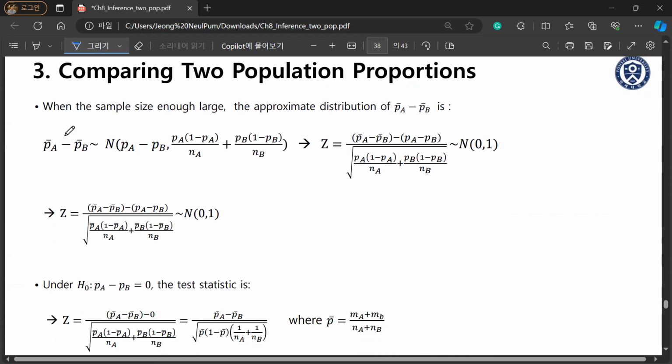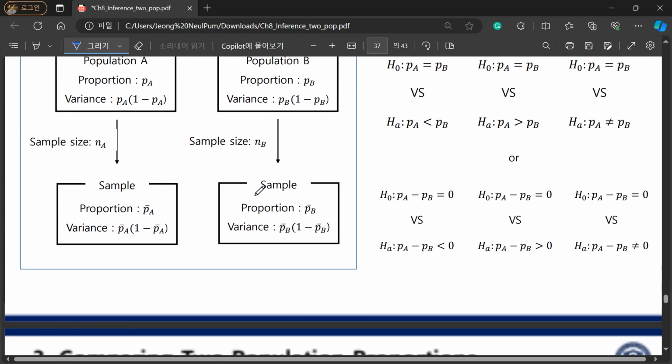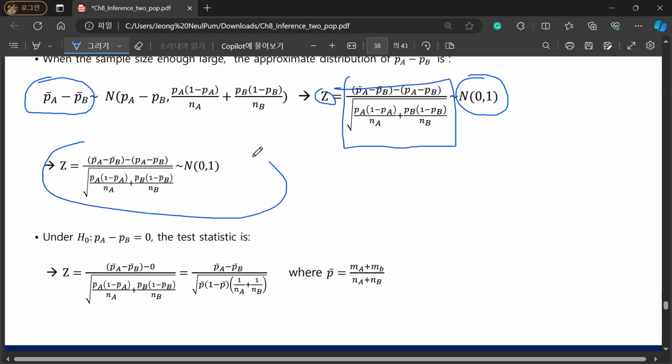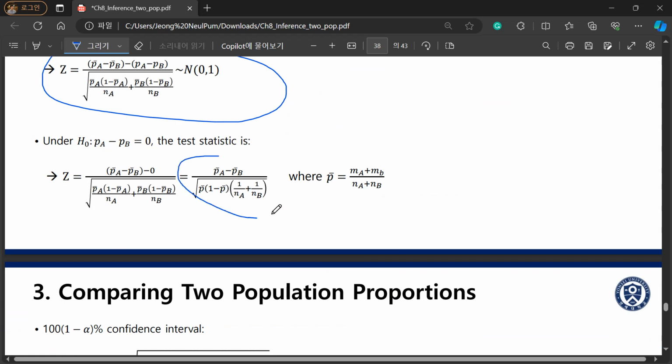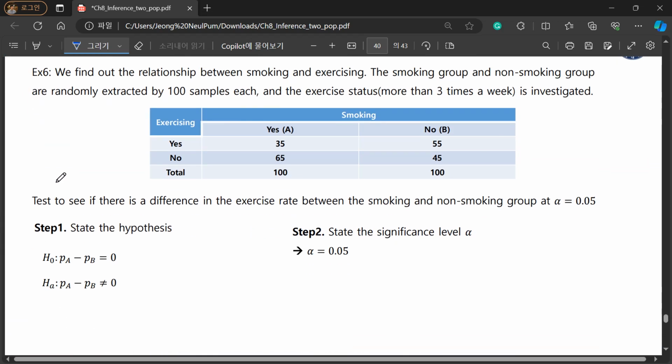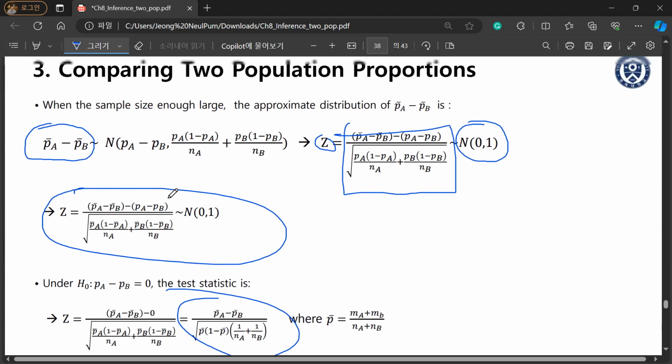We can get the sample proportions and get the difference from each other. And if we get this test statistic, we know that it follows the standard normal distribution. So we can use the confidence interval, or we can also do the hypothesis testing.